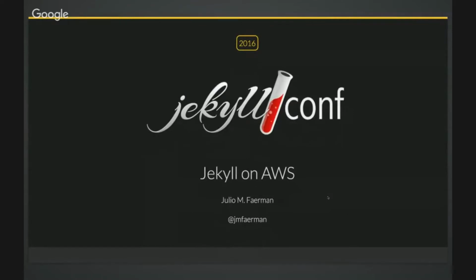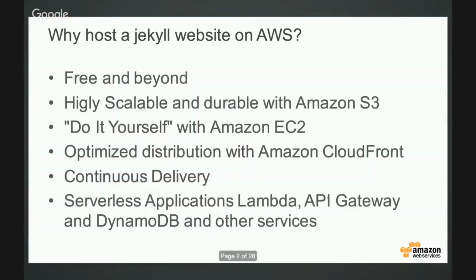So I'll talk to you guys today about Jekyll on AWS and a few services we have to help you publish and build your Jekyll websites. And why, in the first place, run Jekyll on AWS? Well, as some of you may have found, there's no such thing as unlimited and free resources, no free lunch. So at AWS, we do have something that's quite that.